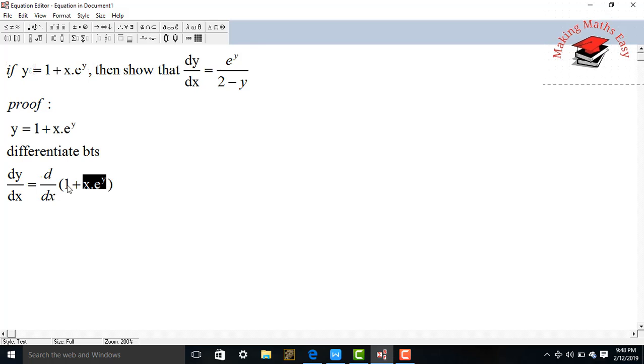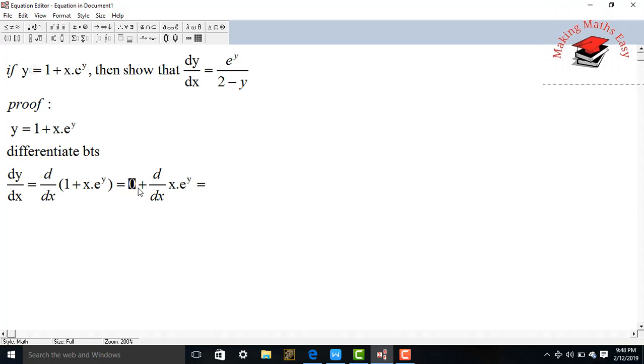The derivative of 1 is a constant, so it will be 0, plus use the u into v rule in order to differentiate. So for differentiating this we use the UV rule, so d upon dx of x into e raised to y, which will be ultimately equal to 0.